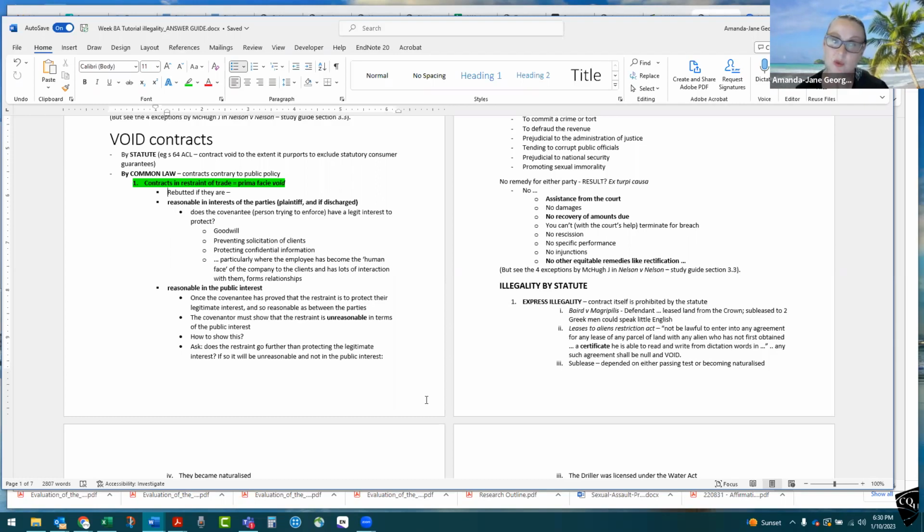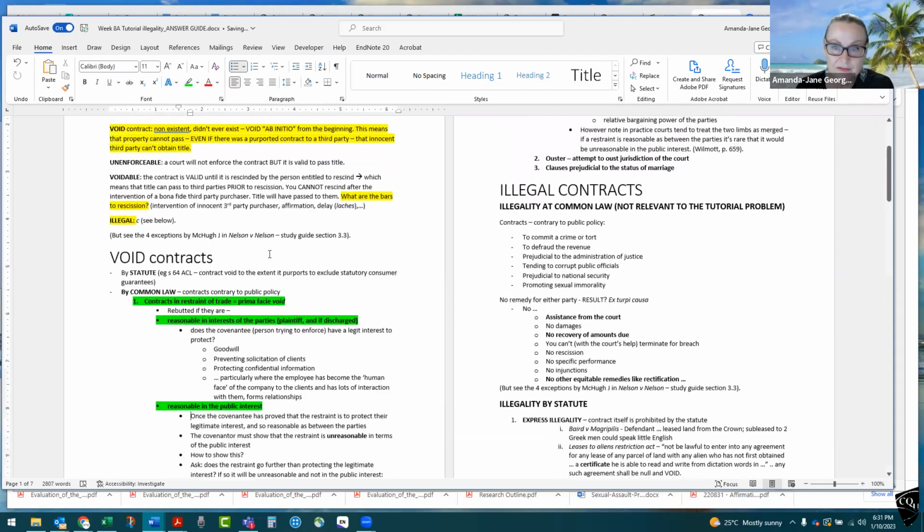But if you want to try and enforce a restraint, there are ways that you can go about it, okay? You just have to rebut the presumption that the contract is void. And how do you do that? You show that the contract is reasonable in the interests of the parties and reasonable in the public interest, okay?